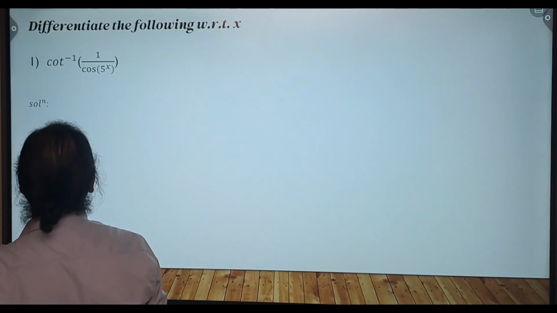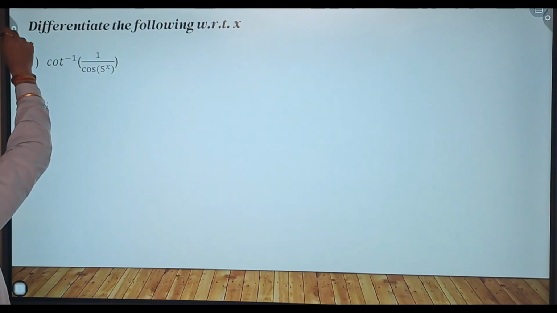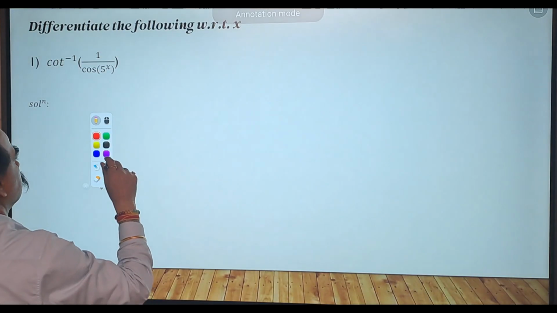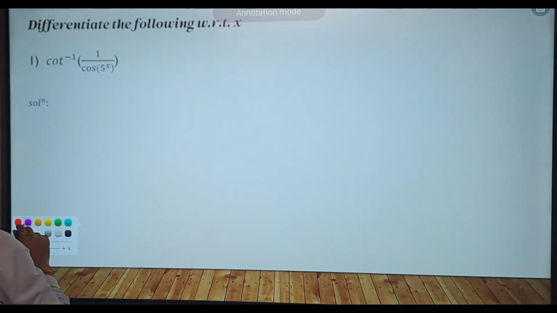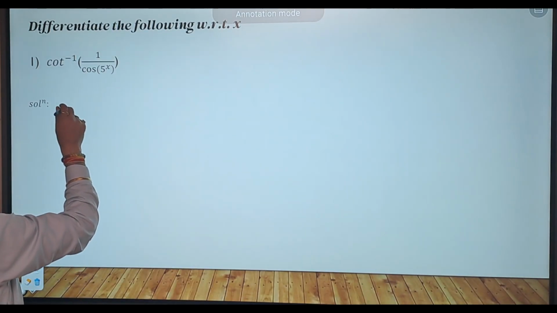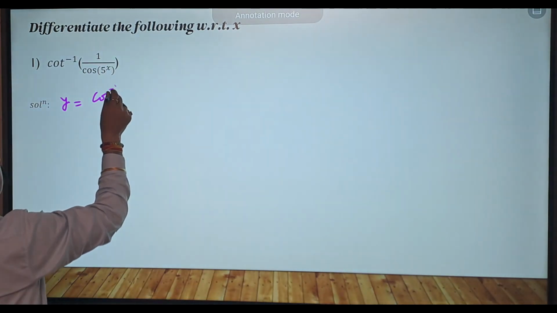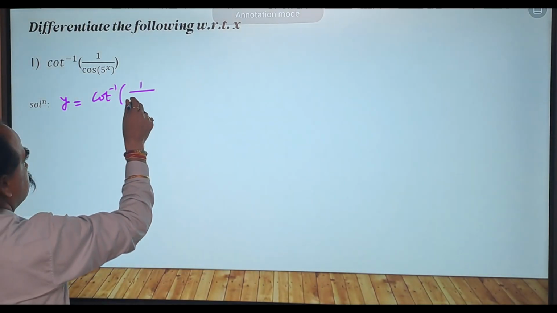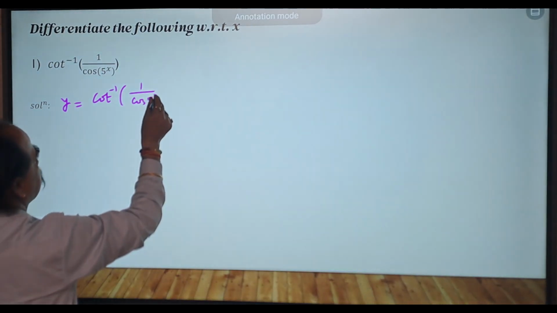Differentiate the following with respect to x. Y is cot inverse 1 upon cos phi raised to x.